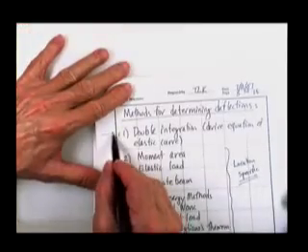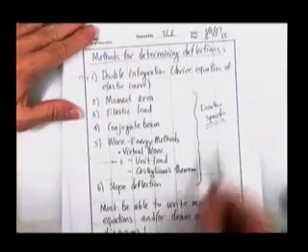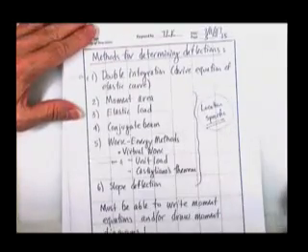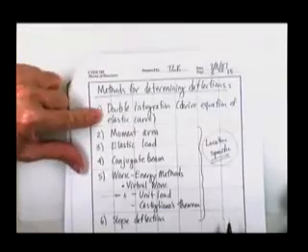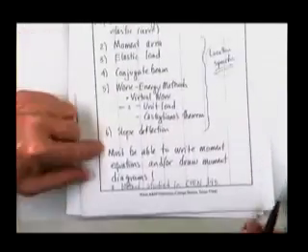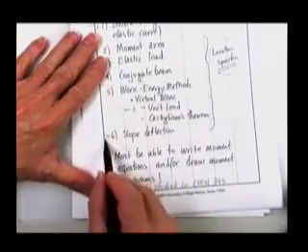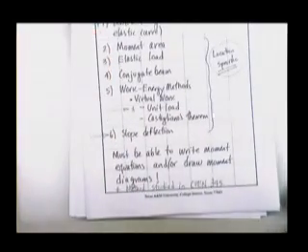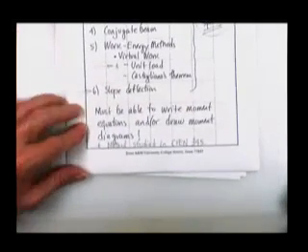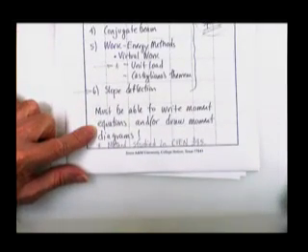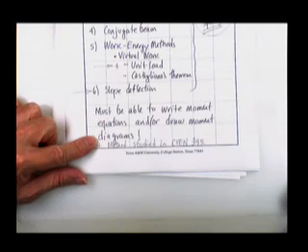And we'll cover this one. This one is location specific, and this method gives you answers as a continuous function. Then we cover slope deflection in here, so there'll be a little bit of slope deflection too. All of them require that you be able to write moment equations and draw shear moment diagrams. That's critical.